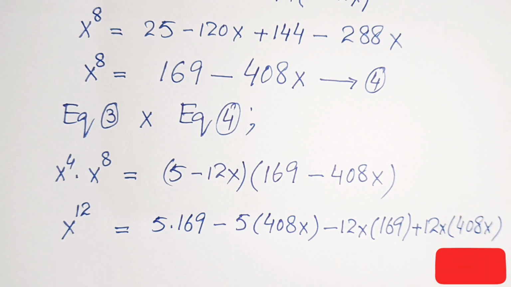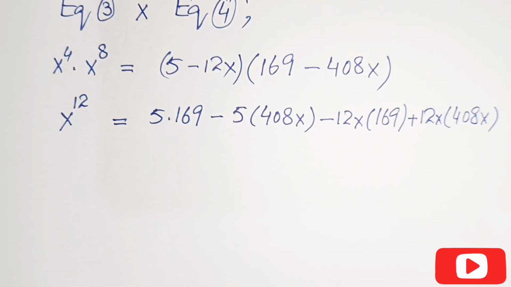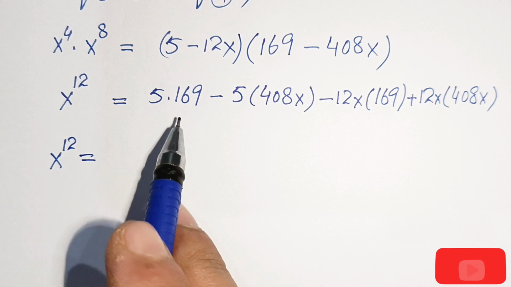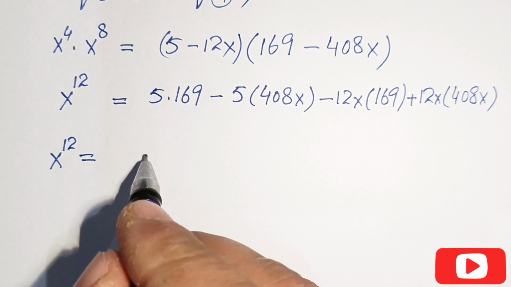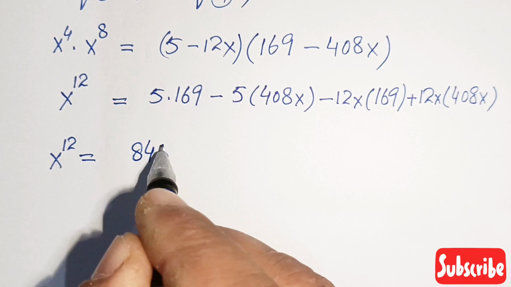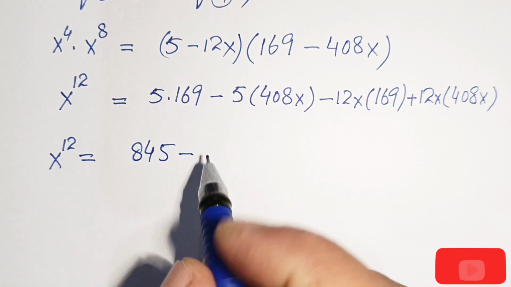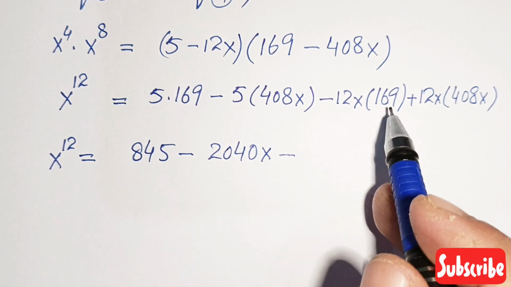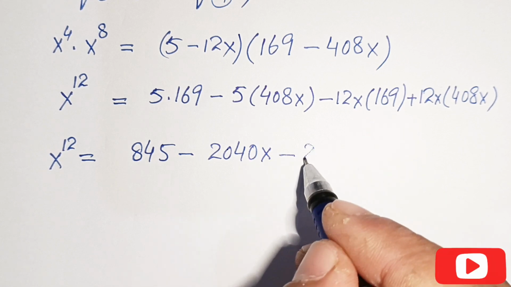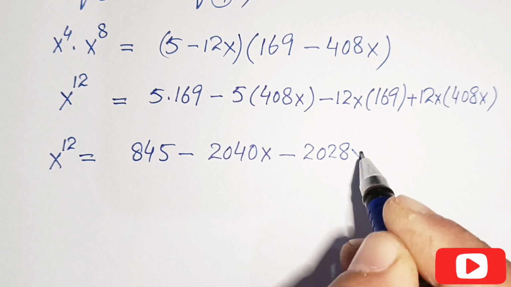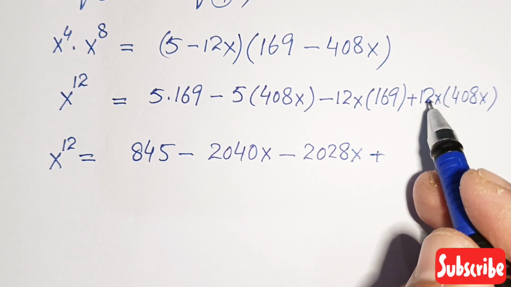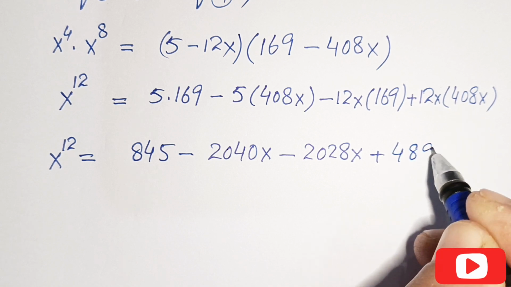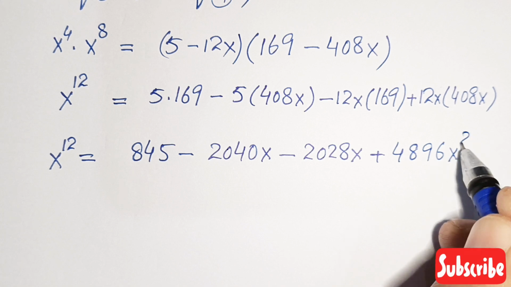Now our next step will be x to the power 12 is equal to, here we have 5 times 169, so we get 845, minus 5 times 408, we get 2040x, and minus 12x times 169, we have 2028x, and plus here we have 12 times 408, so we have 4896 x squared. x times x is x squared.